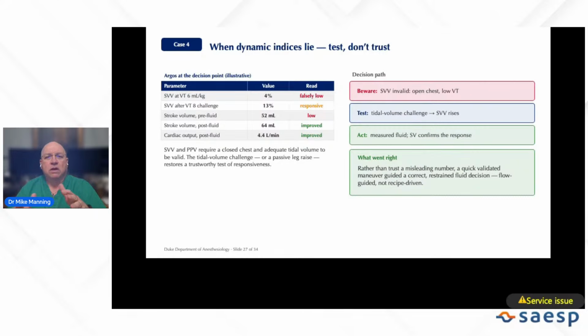And so what we noticed on the Argos was the stroke volume variation at low tidal volumes was falsely low. But when we did a couple of recruitment breaths, notifying the surgeon before we did it, we saw that the stroke volume variation after a volume challenge was quite responsive. And so we gave some volume, the patient perked right back up.